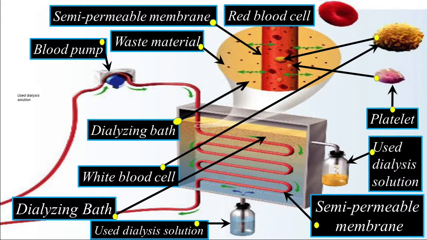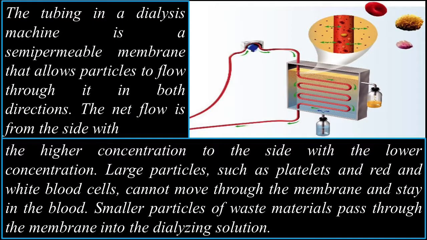So the blood is the red, and that's going through this semipermeable membrane where the waste material can go from the blood out through the semipermeable membrane, but it doesn't lose some of the important ingredients. The tubing in a dialysis machine is a semipermeable membrane that allows particles to flow through it in both directions. The net flow is from the side with the higher concentration to the side with the lower concentration.